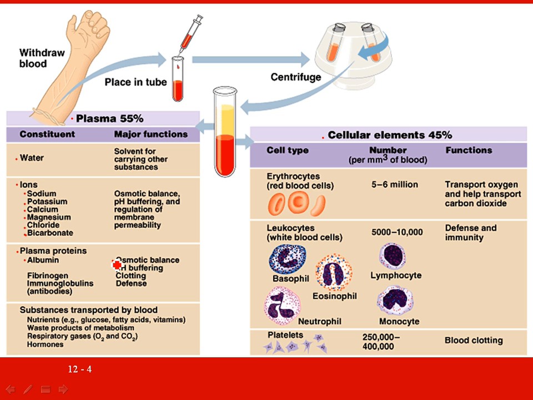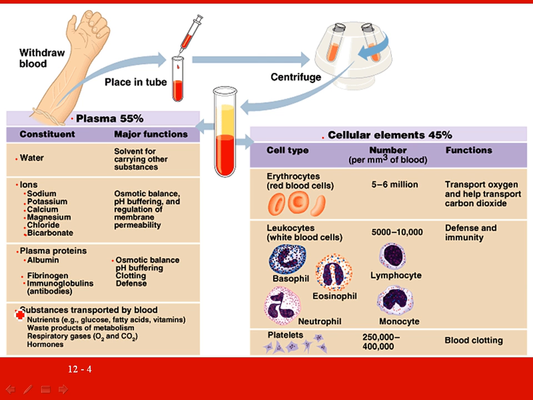And the albumin helps to draw fluids back into the blood from the tissues as necessary. We have another protein called fibrinogen. We'll talk about its importance at the end of the chapter, and that has to do with clotting. And then there are also these what are called immunoglobulins, which are basically antibodies. Antibodies that help to protect you from various types of the disease-causing agents that we call pathogens.